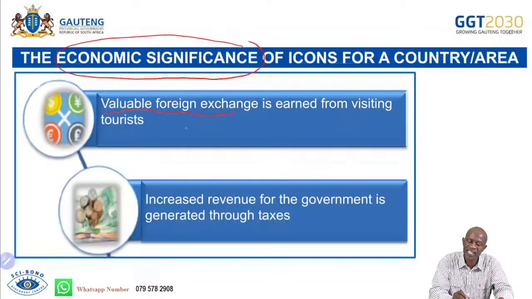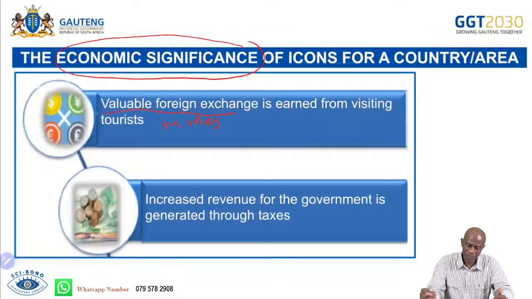By foreign exchange, we mean money in simpler terms. Money is earned from visiting tourists, and that is a valuable foreign exchange. We are referring to the profit that is earned from the visiting tourist.